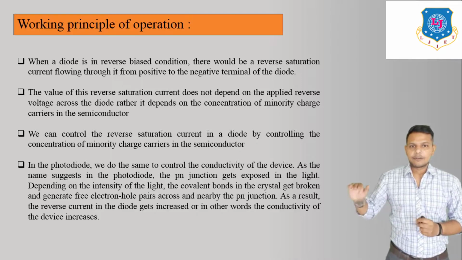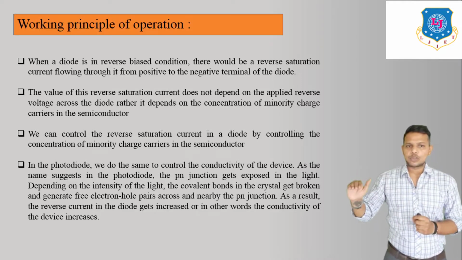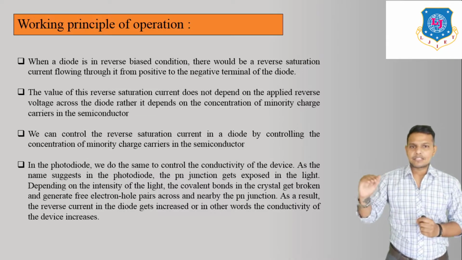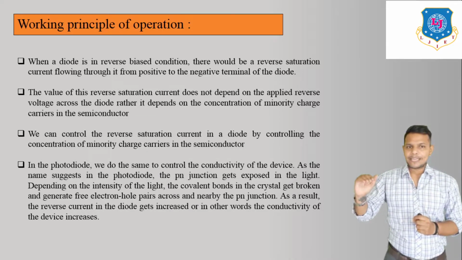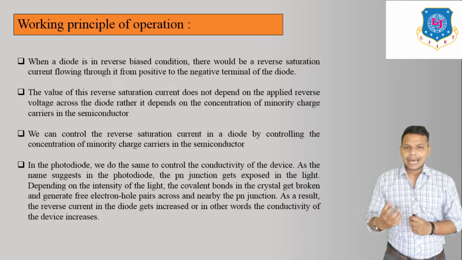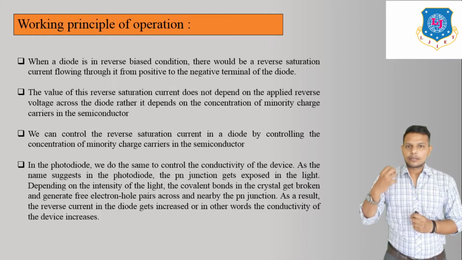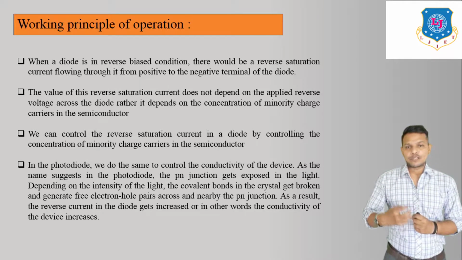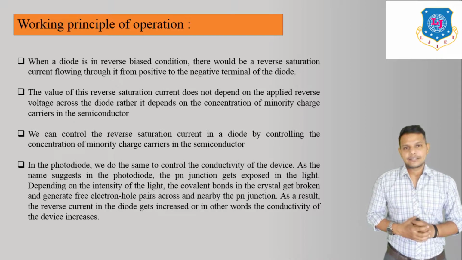Here we can see that in a photodiode we control the conductivity of the device. As the name suggests, in the photodiode the PN junction is exposed to light. Depending on the intensity of light, the electron-hole pairs increase. When the electron-hole pairs increase, that means the photocurrent increases.